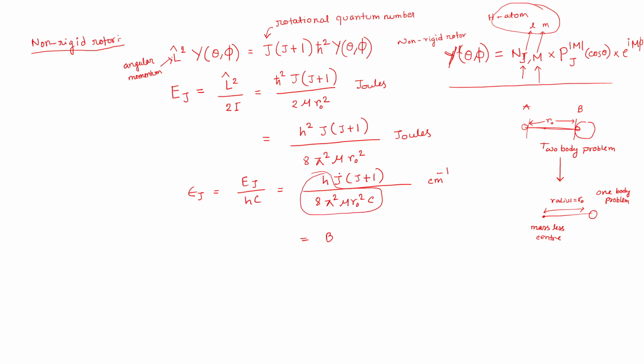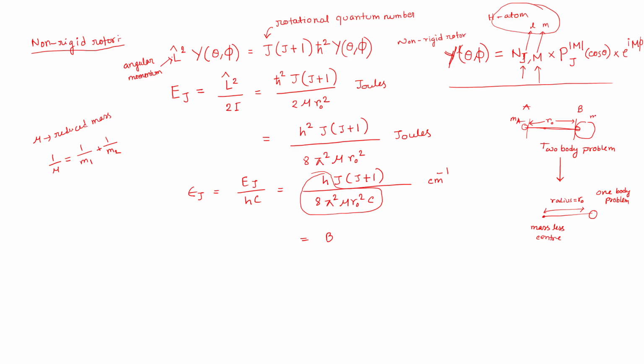H, you know, is Planck's constant, and 8 pi square is known. For a molecule, mu is the reduced mass. Do you know what a reduced mass is? Yes, okay. The reduced mass is nothing but the reciprocal sum of these two bodies' masses. For a rigid rotor, a two body problem, one has mass m a and the other m b.